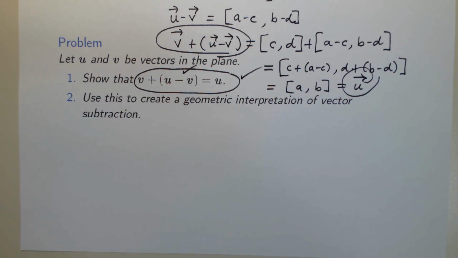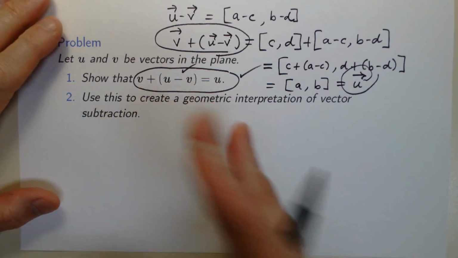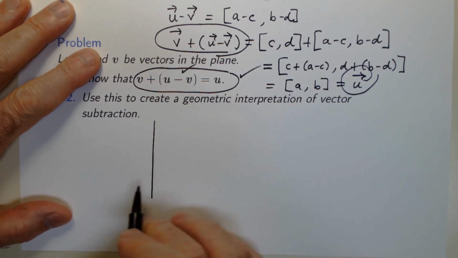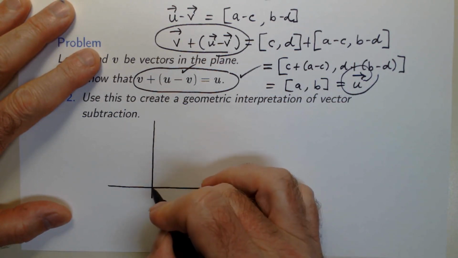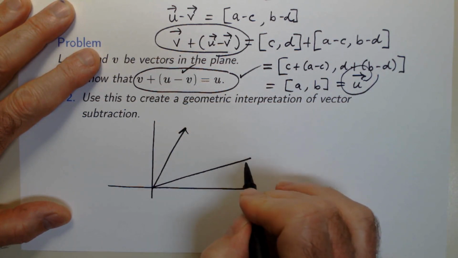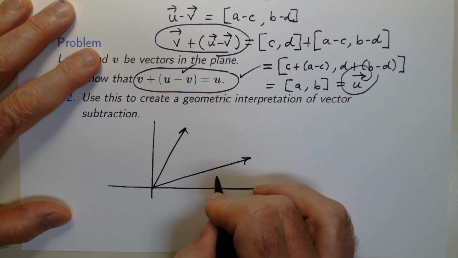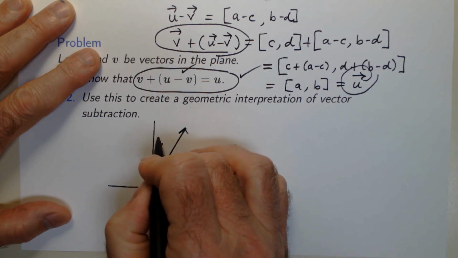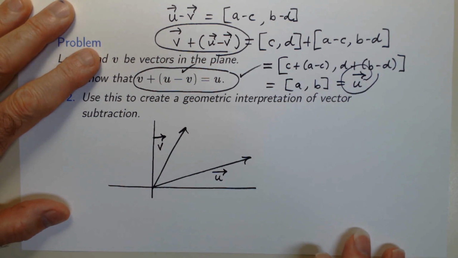Now to do that, let's first draw a pair of vectors u and v. So I'll call this one, let's say, u. And I'll call that one v.